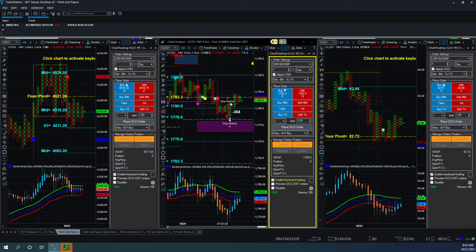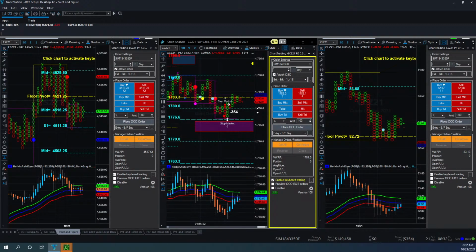Now, gold found resistance at the 50 level.